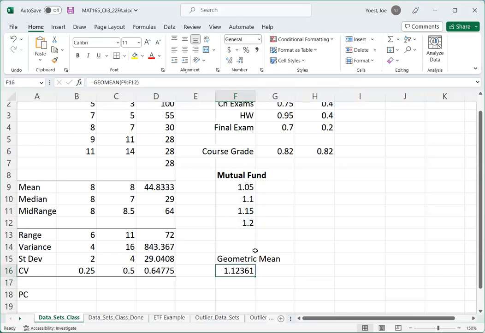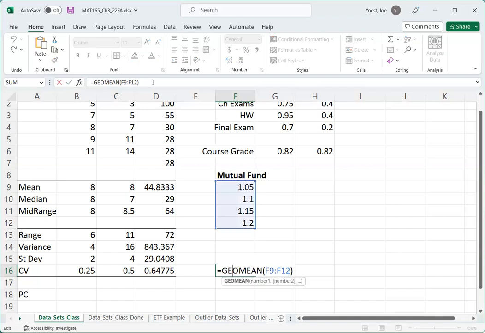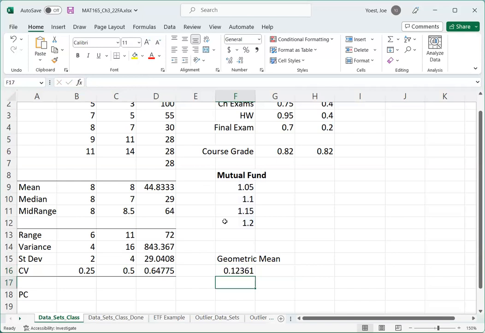But remember, it was 1 plus the geometric mean rate of return that I ended up finding. So really I had to subtract 1 from this to get a sensible geometric mean rate of return.